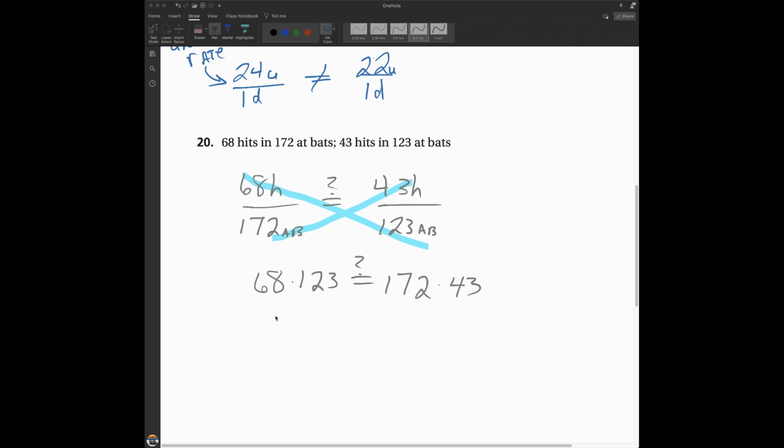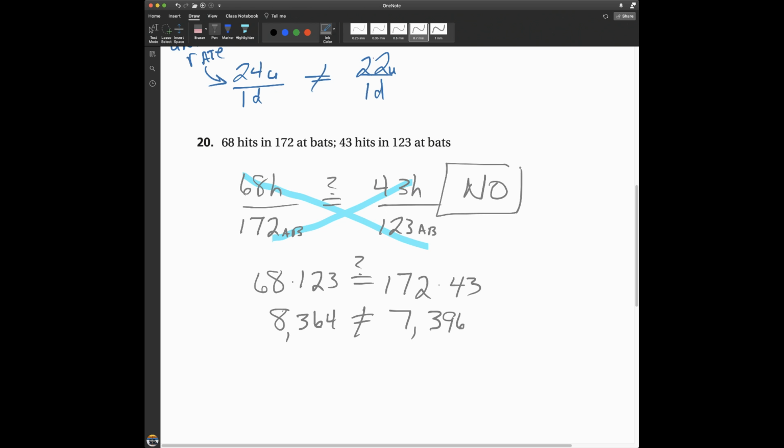I'm not doing that in my head, that's in my calculator. I get 8,364. Does that equal 172 times 43? I get 7,396. These are not equal, so the answer is no.